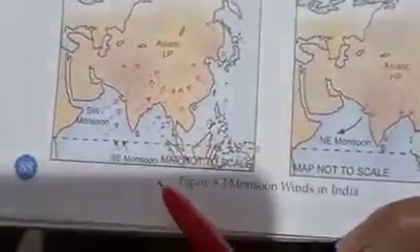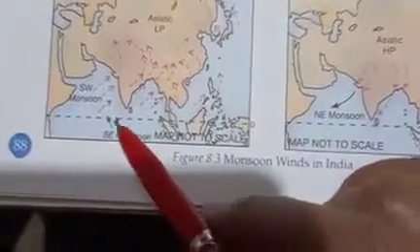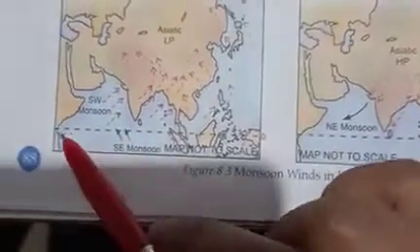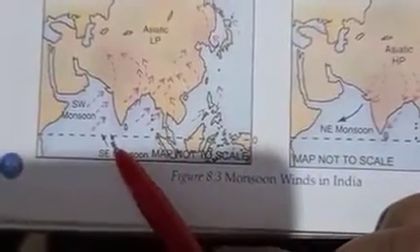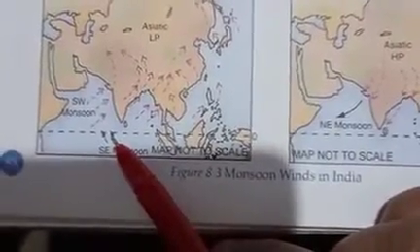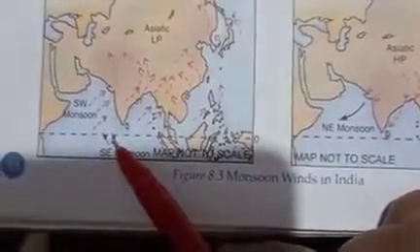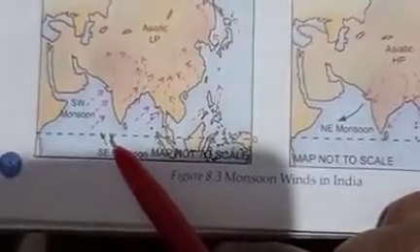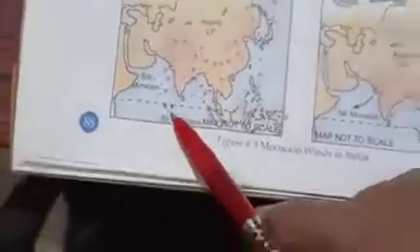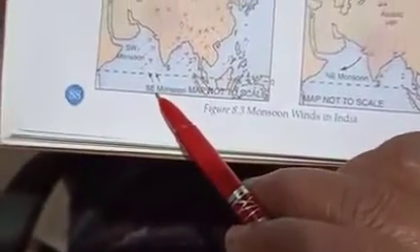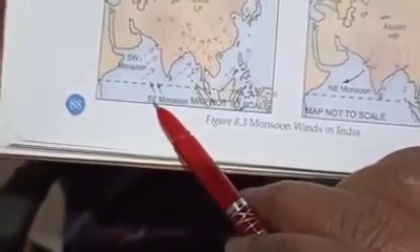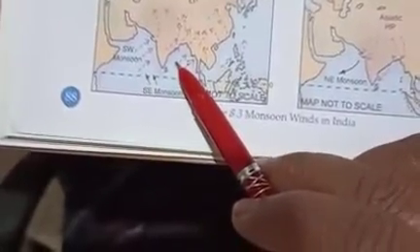So the wind which is coming from the southern hemisphere, their direction is southeast, but this is the equator, and when they cross the equator, due to one of the effects of rotation, the Coriolis force, water and wind get deflected when they cross the equator. So here the monsoon wind is crossing the equator, so the direction which is from south towards east will change towards west.